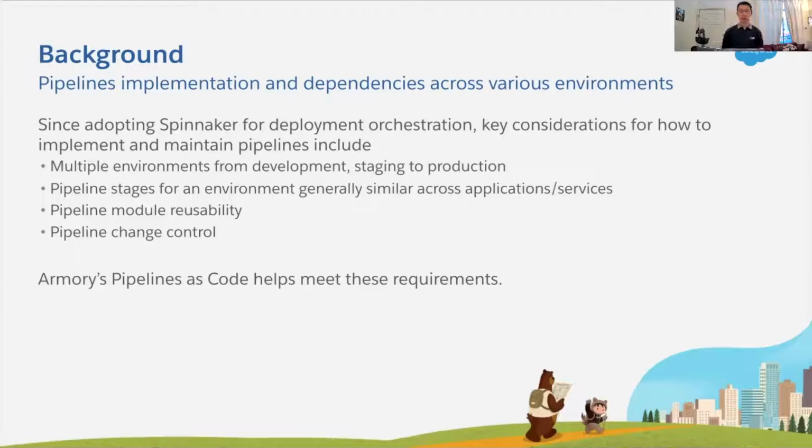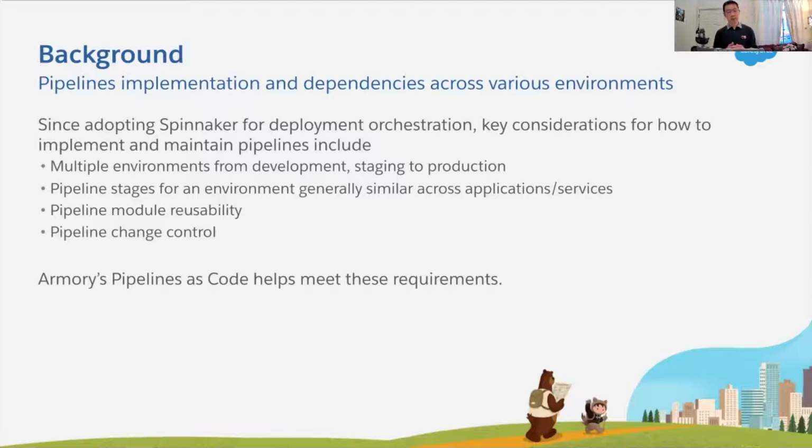We need to be able to use pipeline modules for reusability purposes. As a result, we can develop new modules or new pipelines for applications more efficiently. Another key point to address is we must enable pipeline change control.